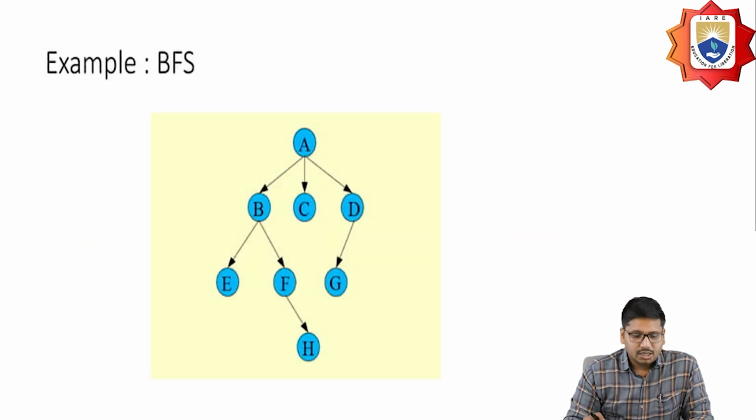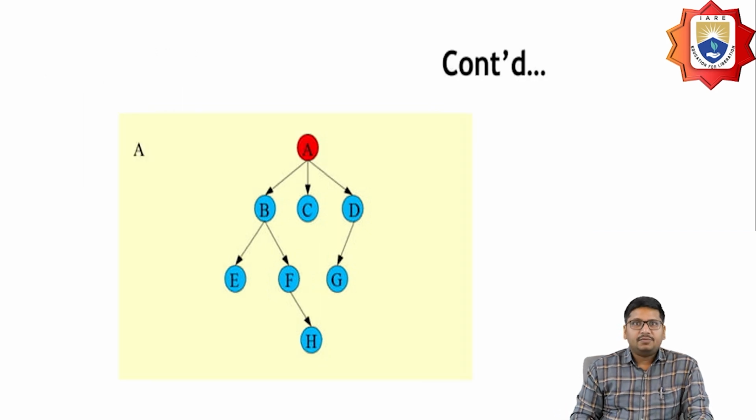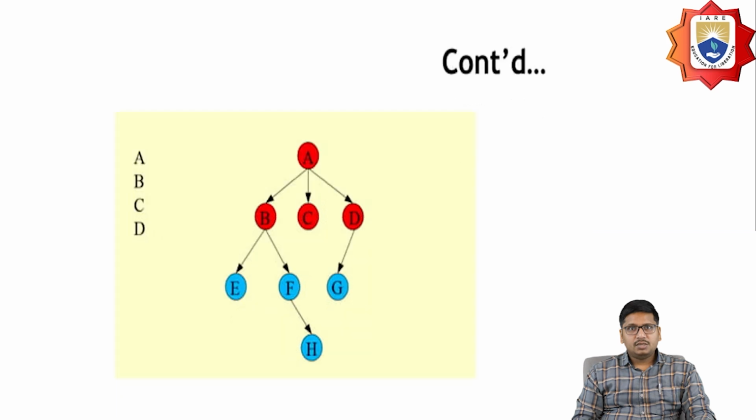So let's take an example of how we construct this BFS. First the starting vertex is A, and what are the vertices connected to A? B, then C, and then D. These are added to the queue.